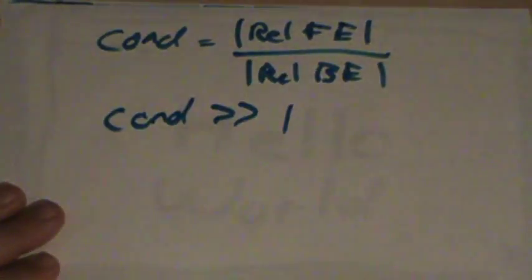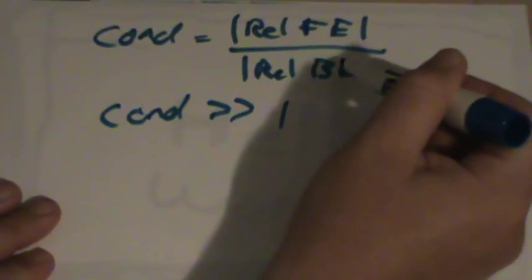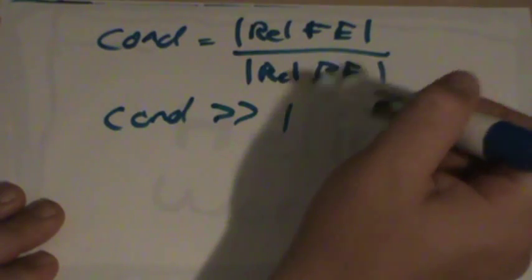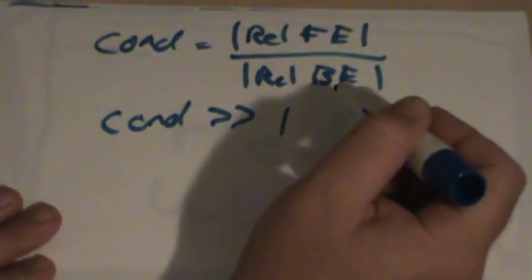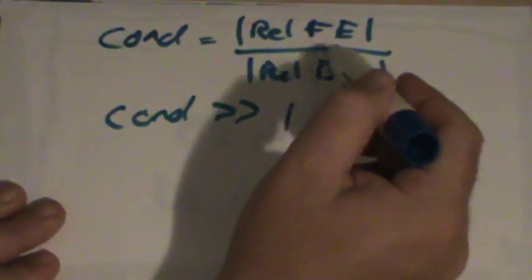Now, if this condition number is really big, what that's telling me is the output is going to be much larger than the input. I don't care which one's the big one, which one's the small one in this case. It just says relatively this is bigger than that.